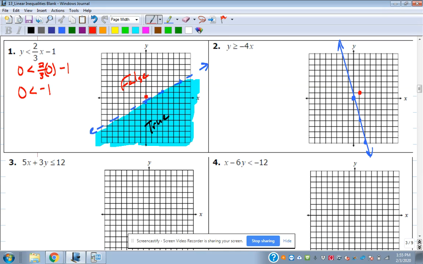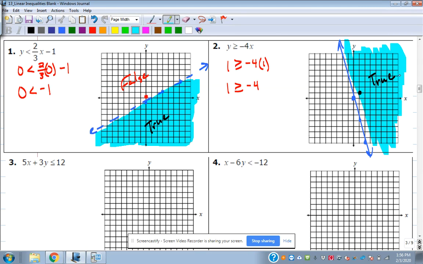Because if both numbers are the same, then I can't mess up putting them in the wrong spot. So is 1 greater than or equal to -4? So this side is true. So that means I'm going to shade the side my test point is on this time. Because that's true.